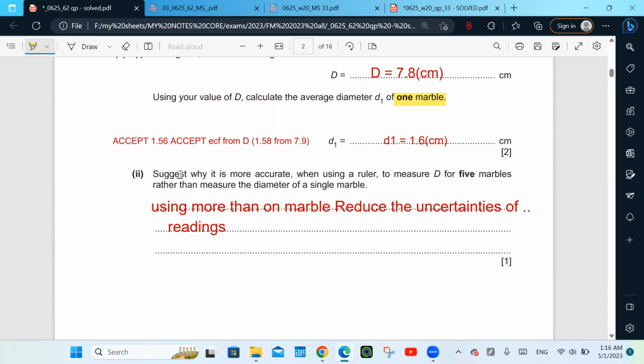Okay. Question (a)(ii), suggest why it's more accurate, when you're using a ruler, to measure the diameter for the 5 marbles rather than measuring the diameter by using one marble only.